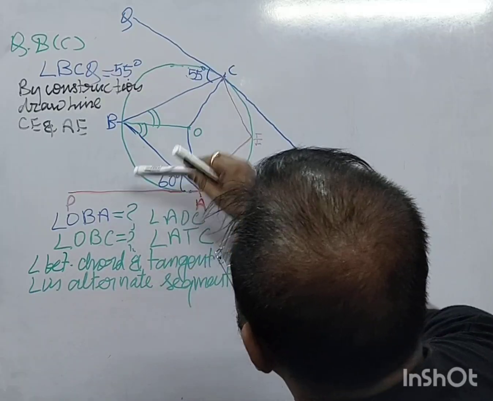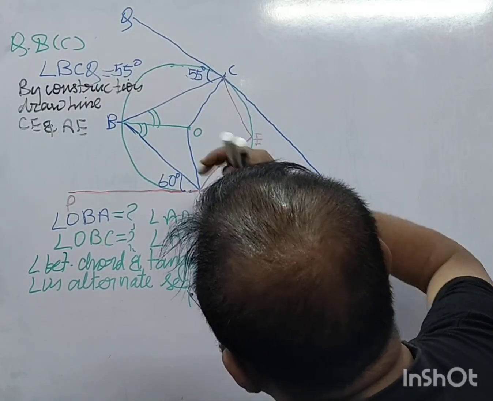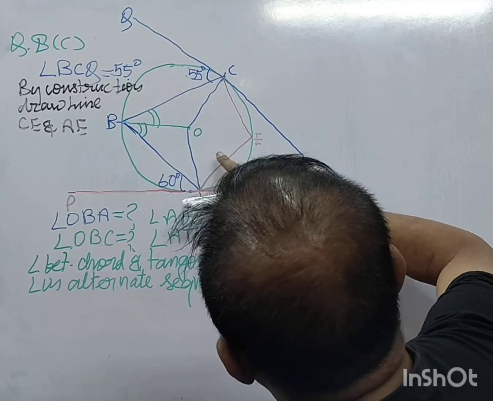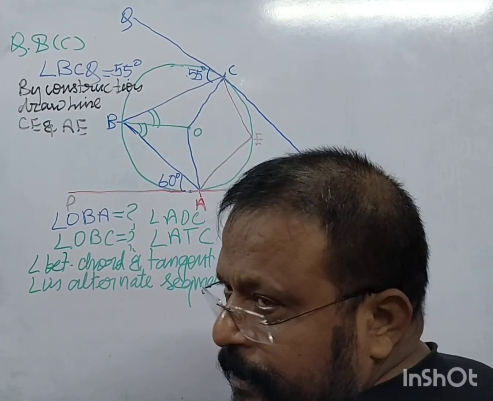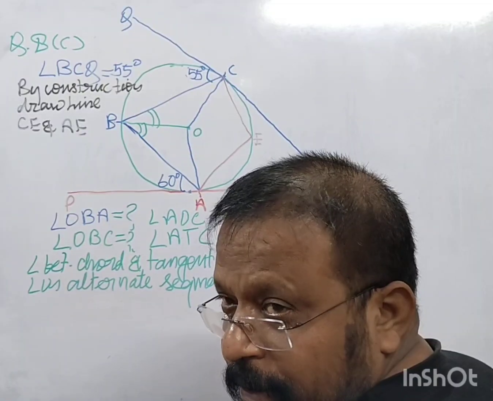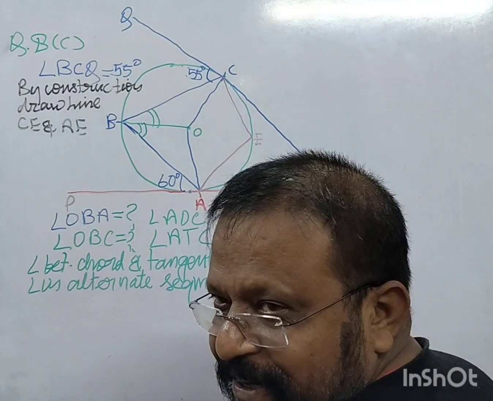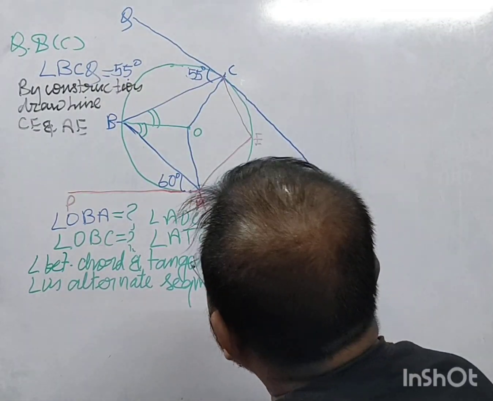Angle between chord and tangent is equal to angle in alternate segment. But if I take this, then it should be 60 degree. If I take this, then it should be 55 degree. So will it work?